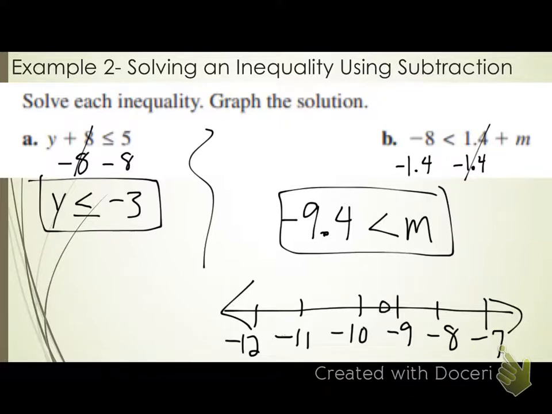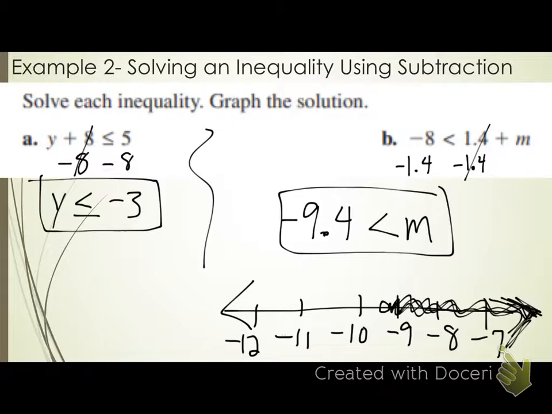And like I said, it says m is greater than -9.4, right? So the numbers that are greater than -9.4, is that to the right or to the left of -9.4? To the right. Numbers that are bigger than -9.4 are to the right. Does that help at all? Okay, we'll get some more practice here on the next slide.